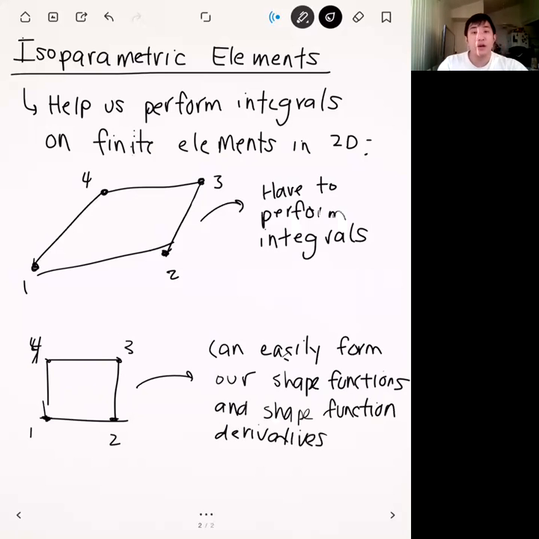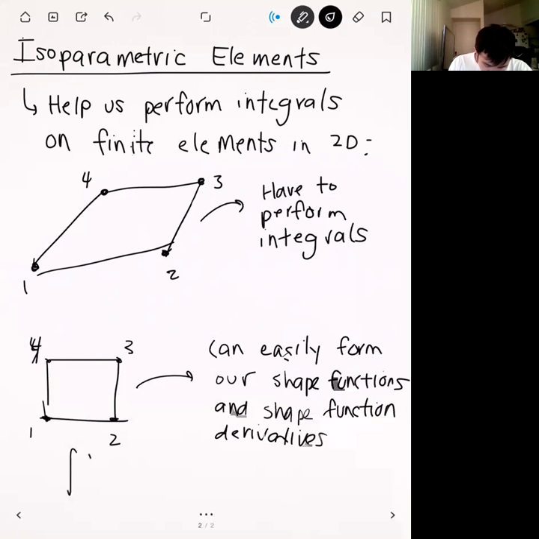And this is nice because when we compute our element stiffness matrix and element forcing vector, the only thing we have to do is plug and chug this stuff in. It's a lot of plugging and chugging to do, but it is just plug and chug.